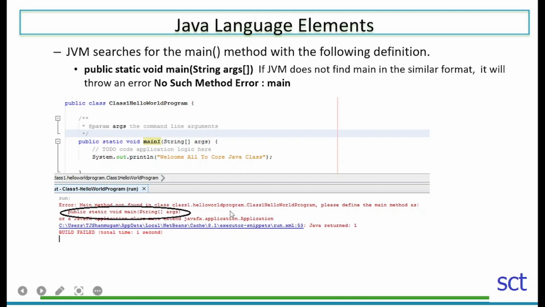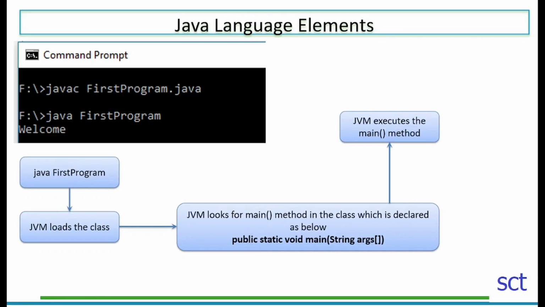This is how it happens when I run the application. The Java program is there, the JVM loads the class, looks for the main method in this format, and then executes it. If it doesn't find this particular method, it will give an error, as we have seen.